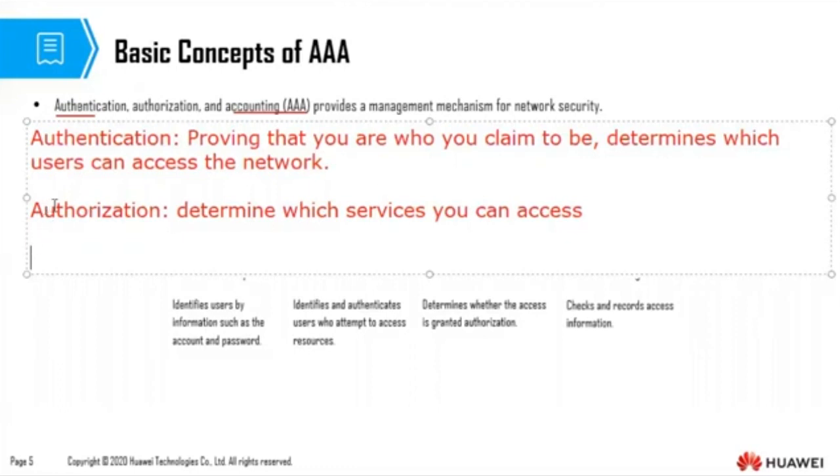Okay. So that is authorization, really. What you can access, which services you can access. Then we have accounting. Accounting is like me in my house having a CCTV. I have a CCTV in my kitchen so that if my visitor trespasses, I'm able to prove that he trespassed.